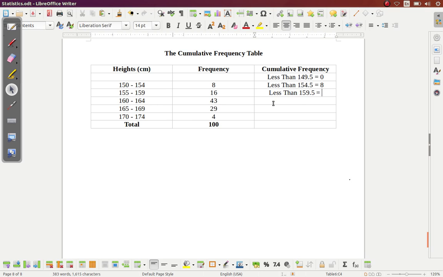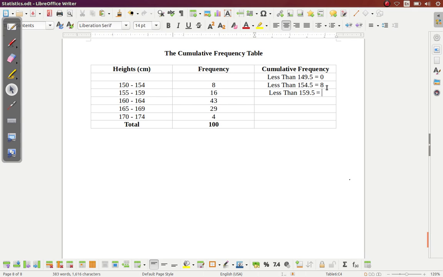How many do you have? You have 16 of them who are shorter than 159.5, plus you have 8 of them who are also shorter than 154.5. But the thing is, all of these, the 16 plus the 8, are actually shorter than 159.5.